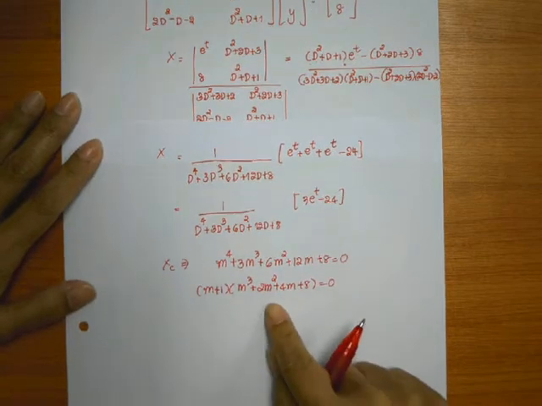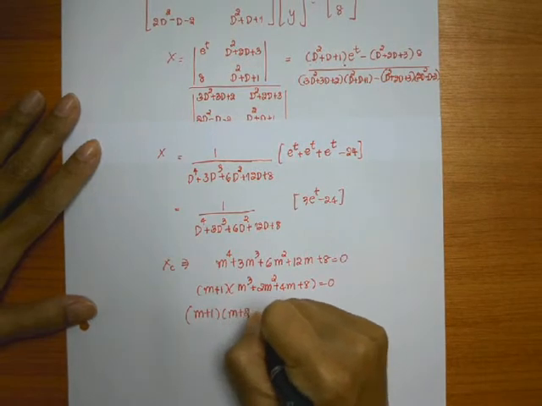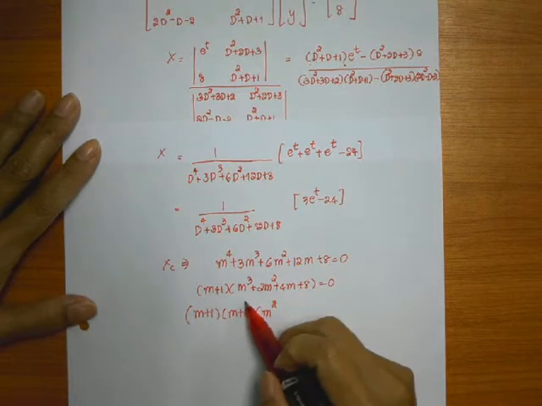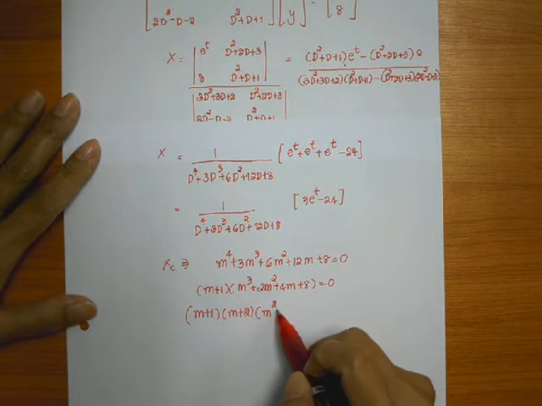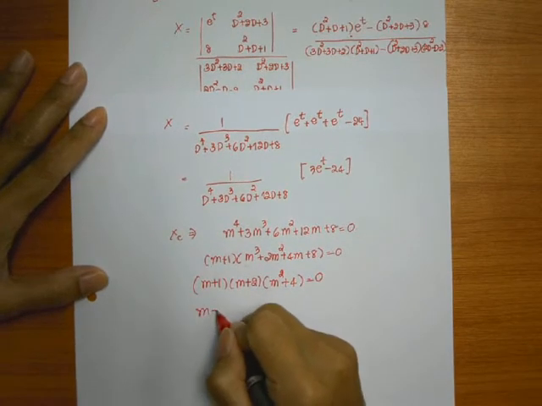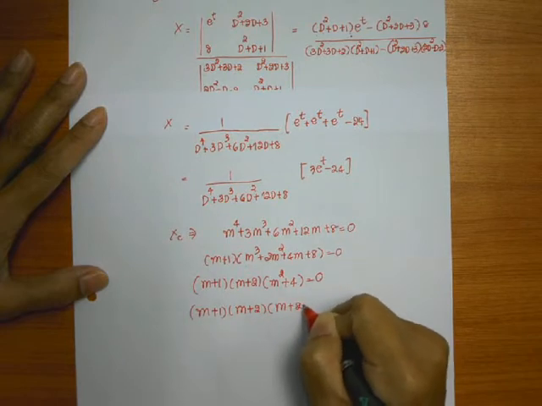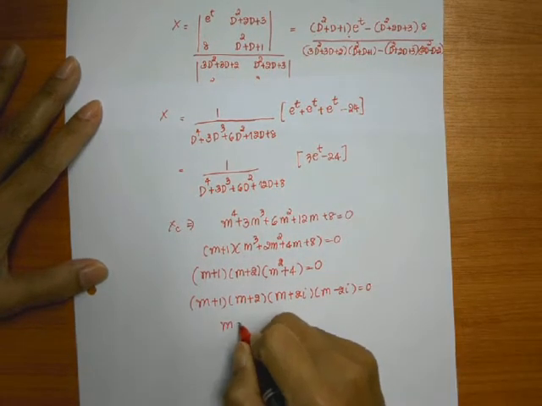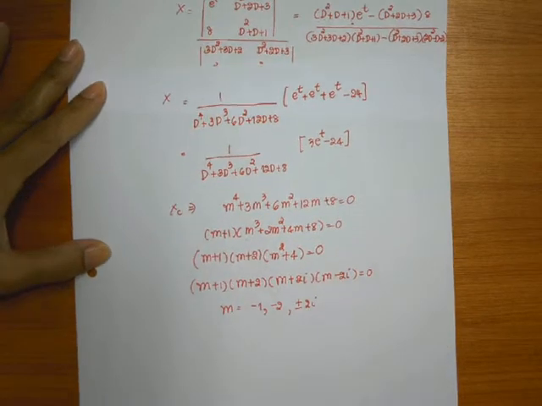The second one is m plus 2. And the other two is m squared plus 4, so plus minus 2i. So m is equal to minus 1, minus 2, and plus minus 2i. That's our 4 roots of m.